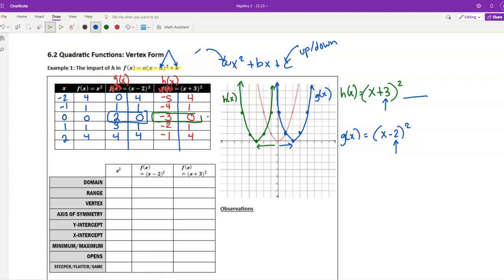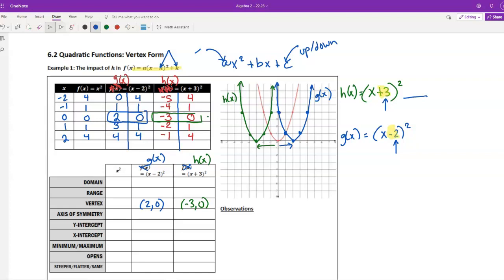If we take a look at the vertex for both of these functions, this one is g of x and this one is h of x. The vertex of h of x is -3, 0, and for g of x it's 2, 0.